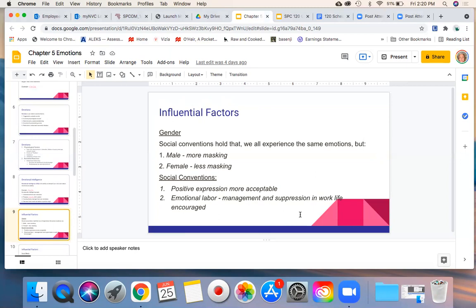So yes, for work life, it's expected you're going to manage your emotions and suppress them. But I want you to think about the people you interact with, and start asking yourself if some people that you interact with sort of require you to use emotional labor. It's something to think about, something you can write about too if you want to in your summary.